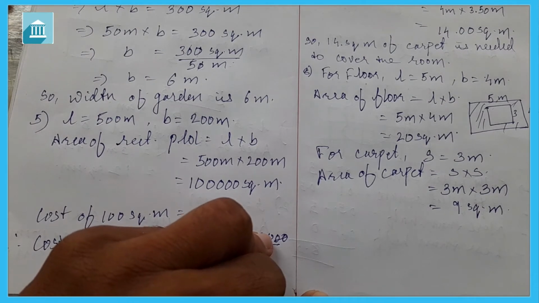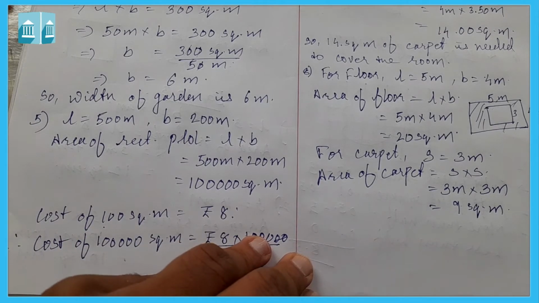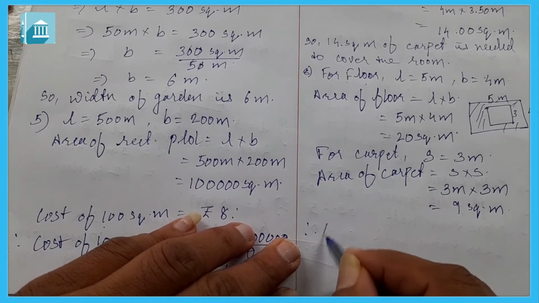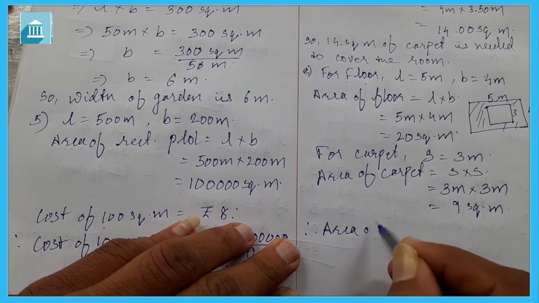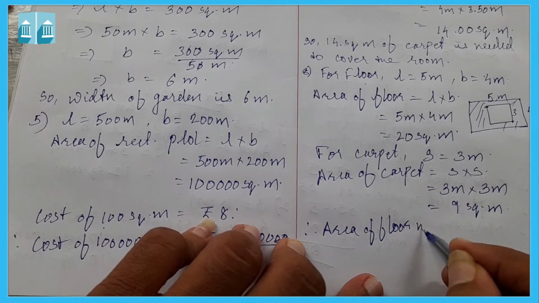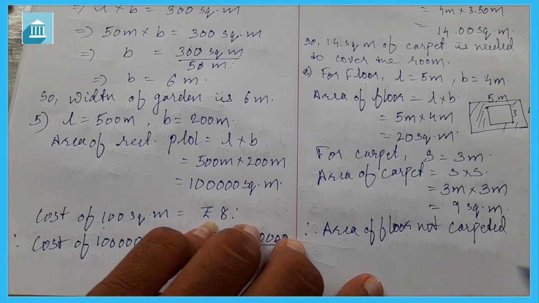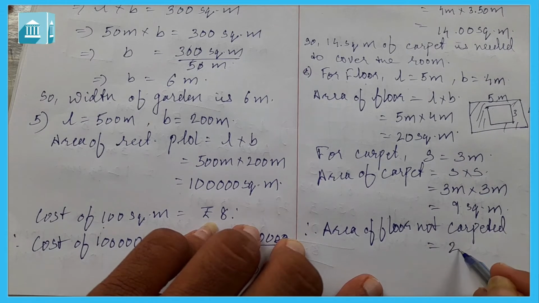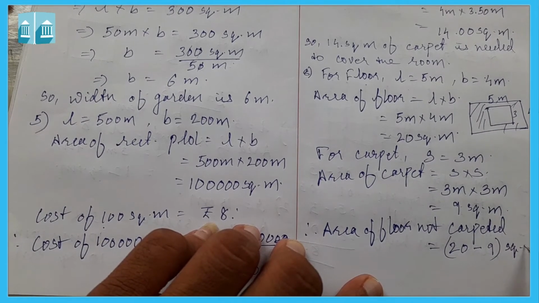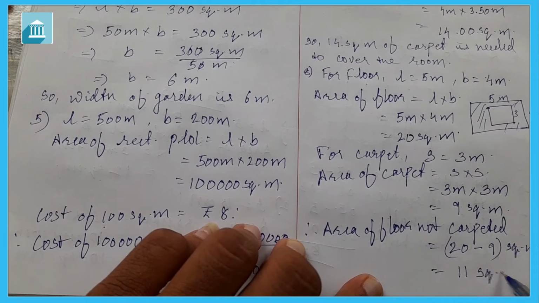So now we have to find out the area which is not carpeted. Therefore, area of floor not carpeted is equal to 20 minus 9 square meter, that is 11 square meter.